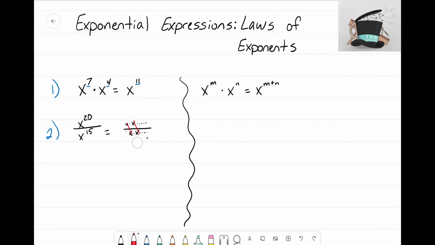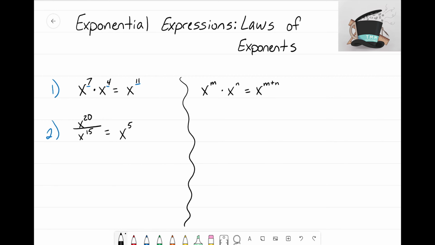Hopefully we can understand that if I have 20 on the top and 15 on the bottom, I'll be able to cancel 15 of the x's on the top of this fraction, and all I'm going to be left with is x to the 5th power on the top. All of the x's on the bottom have been removed.